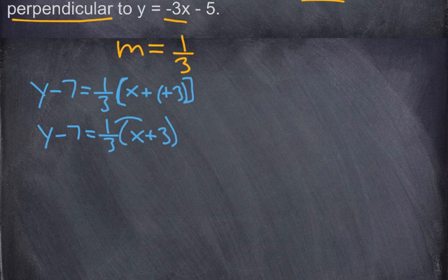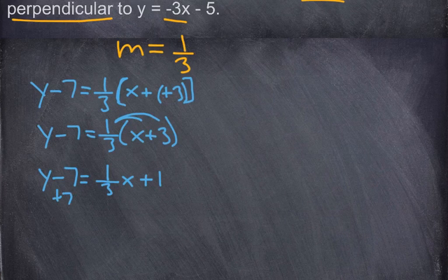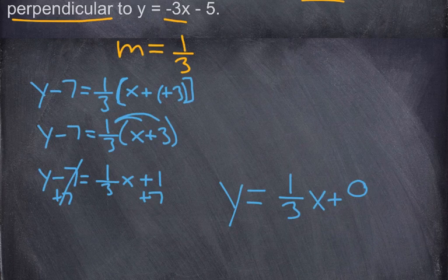So we're going to distribute that 1/3. So that's y minus 7 is equal to 1/3 times x is just 1/3 x. 1/3 times 3, well, you multiply across, so we're going to end up getting 3 over 3, which is just 1. And for our last step, we're going to add the 7 over, and we're going to combine like terms. So our final answer is y is equal to 1/3 x plus 8.